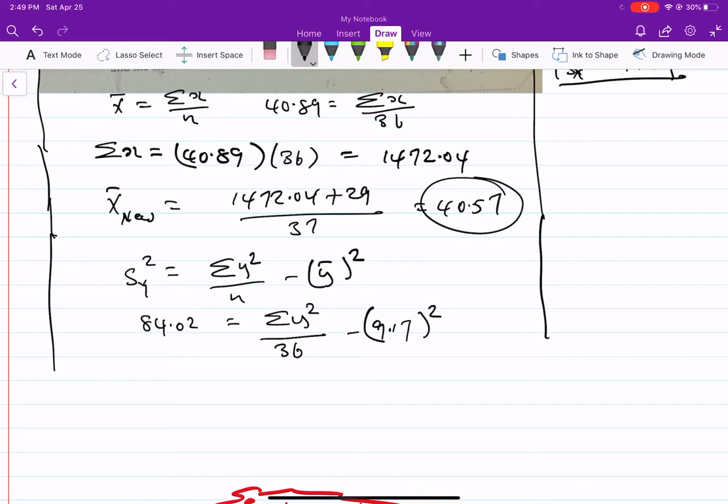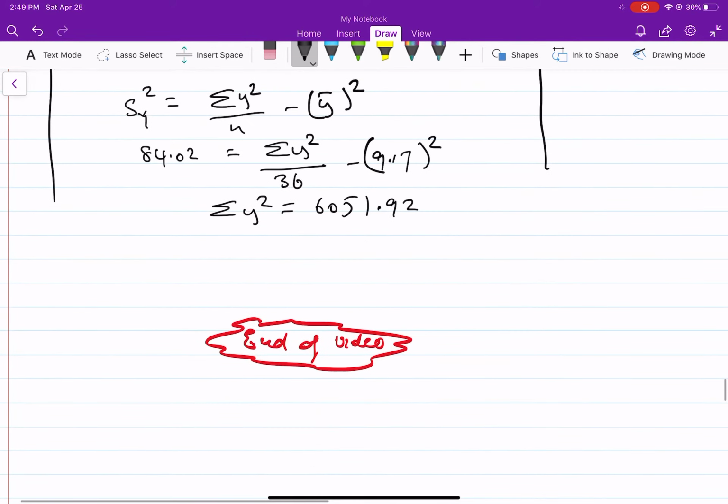So let me see if I can calculate sigma y squared. Times 36. Ooh, big number. Sigma y squared is 6051.92.